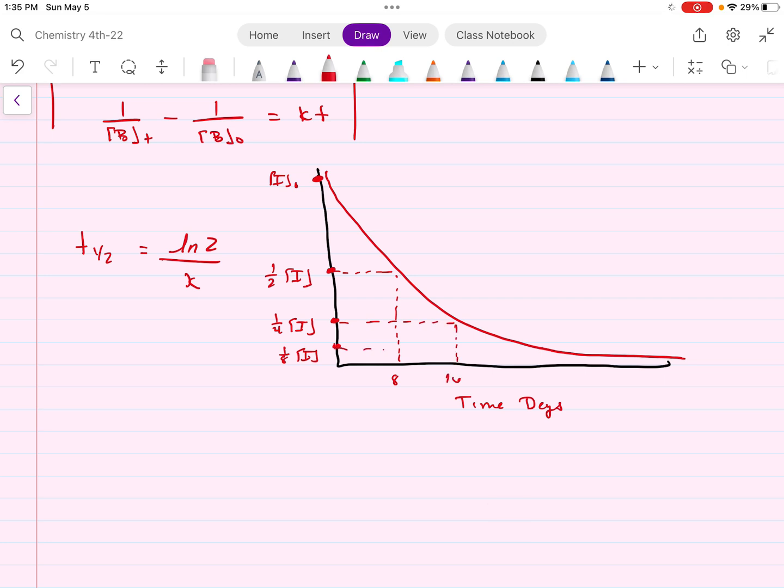And our third half-life is going to take 24 days. So a half-life is just a measure of how long it takes for half of the reactant to dissipate over time. And that's pretty much it, guys. It's a really simple calculation.